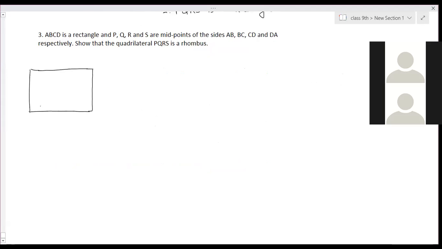It is rectangle A, B, C and D. P, Q, R, S. Join PQRS.